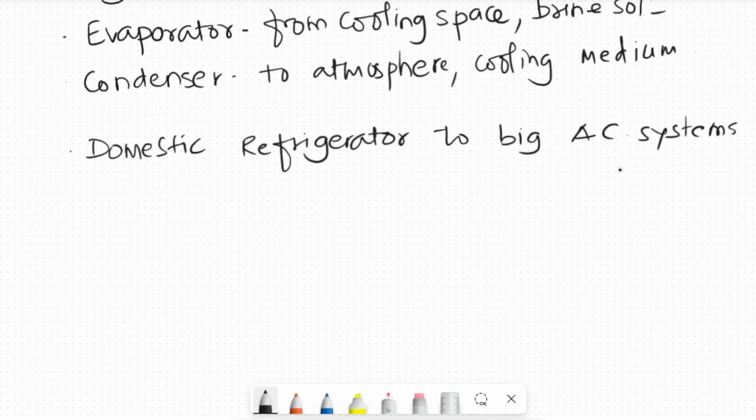So, what are the advantages and disadvantages of vapor compression refrigeration system? Let's talk about the advantages.